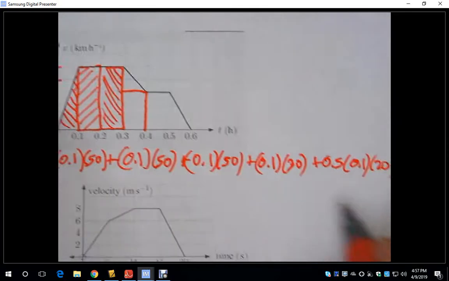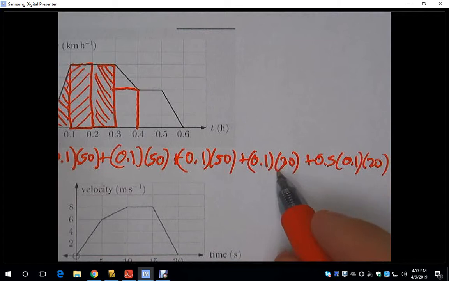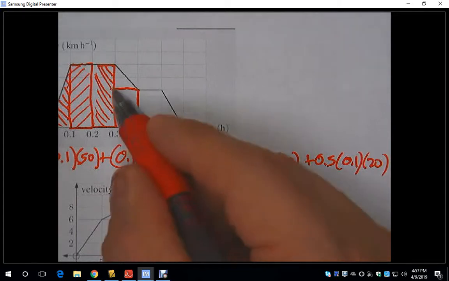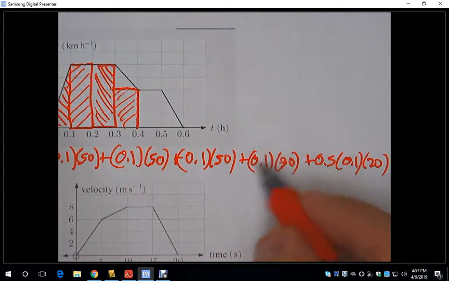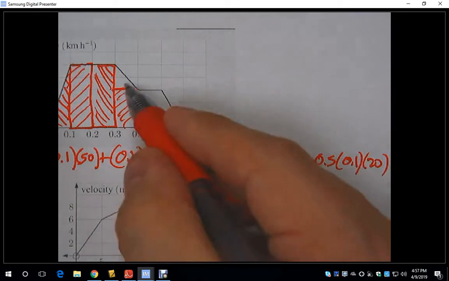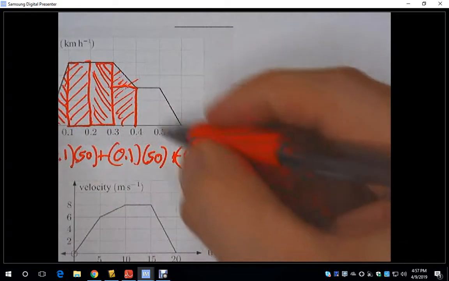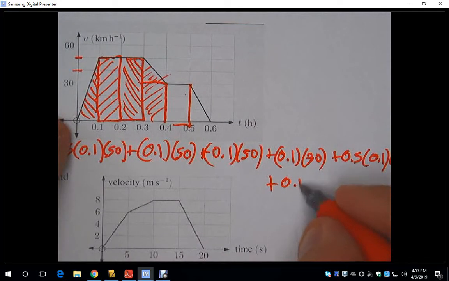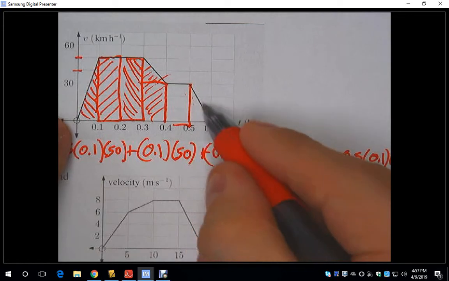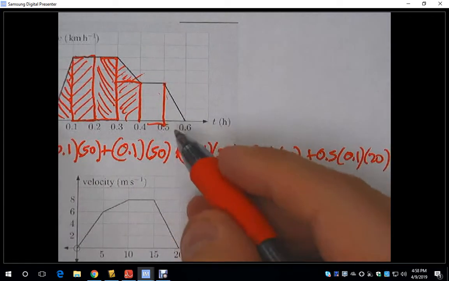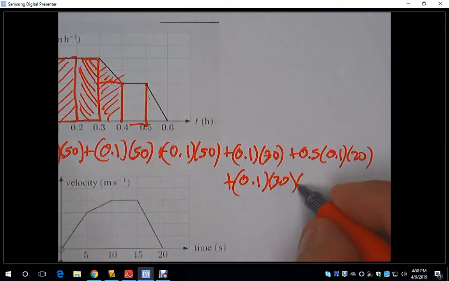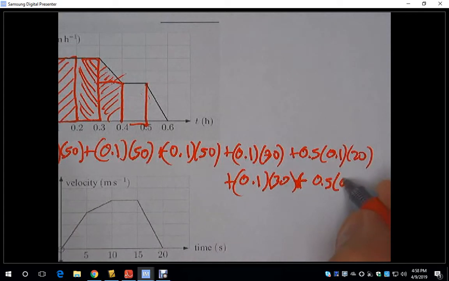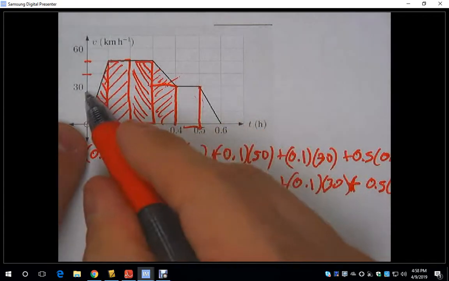So that gave me this area here. And then this piece here gave me the area here. Now we have another rectangle here with a base of 0.5 and a height of 30. And then our last, it looks like a triangle, so we have 1/2 times the base times the height. So plus 1/2 times the base of 0.1 times the height of 30.